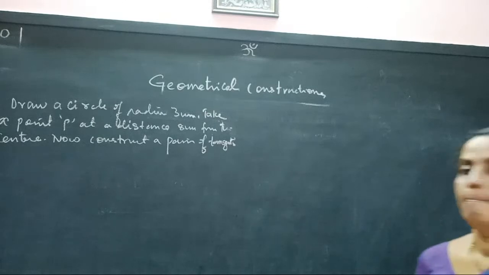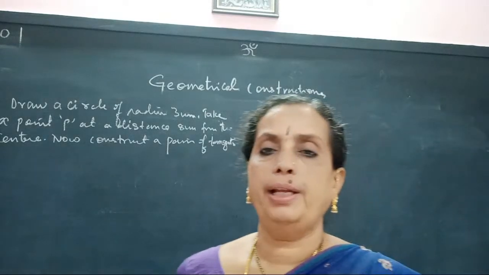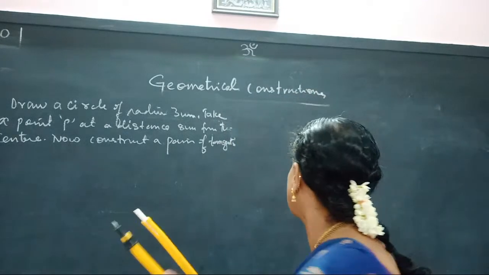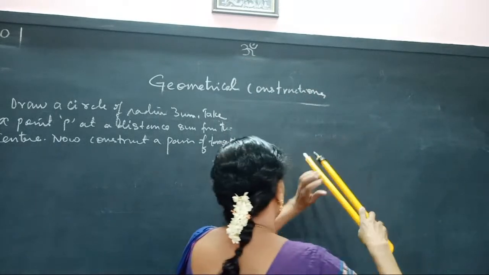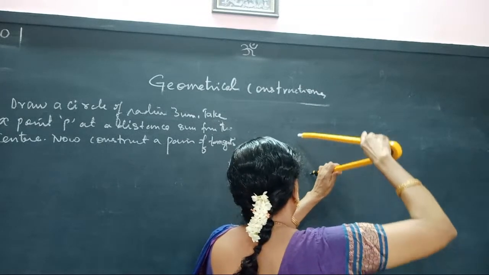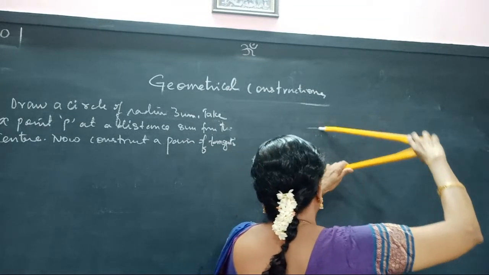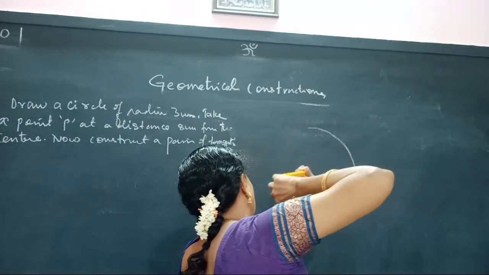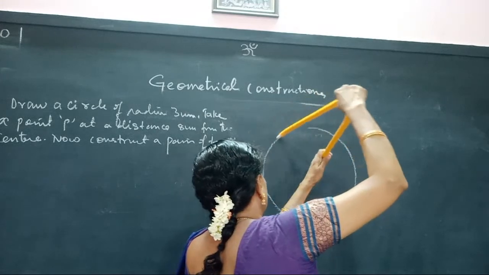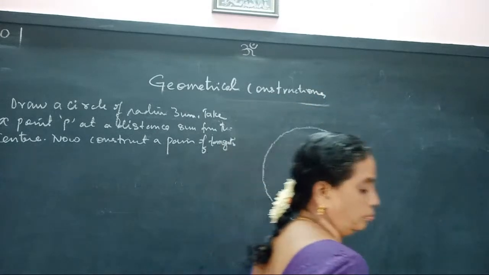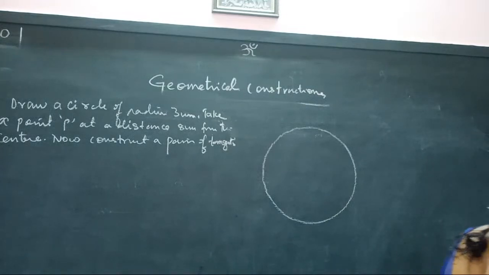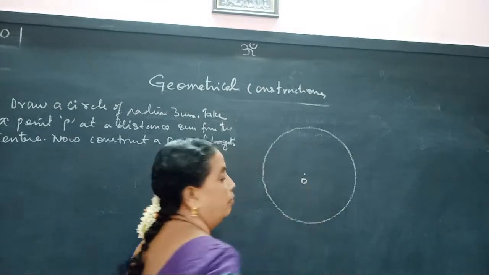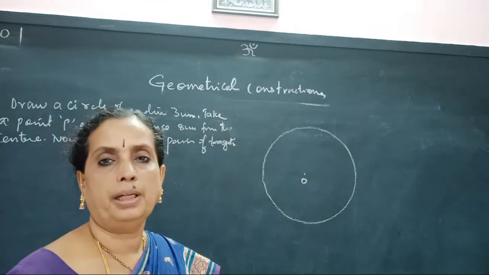First step is draw a circle of radius 3 centimeter using compass. This is the center with the radius 3 centimeter.